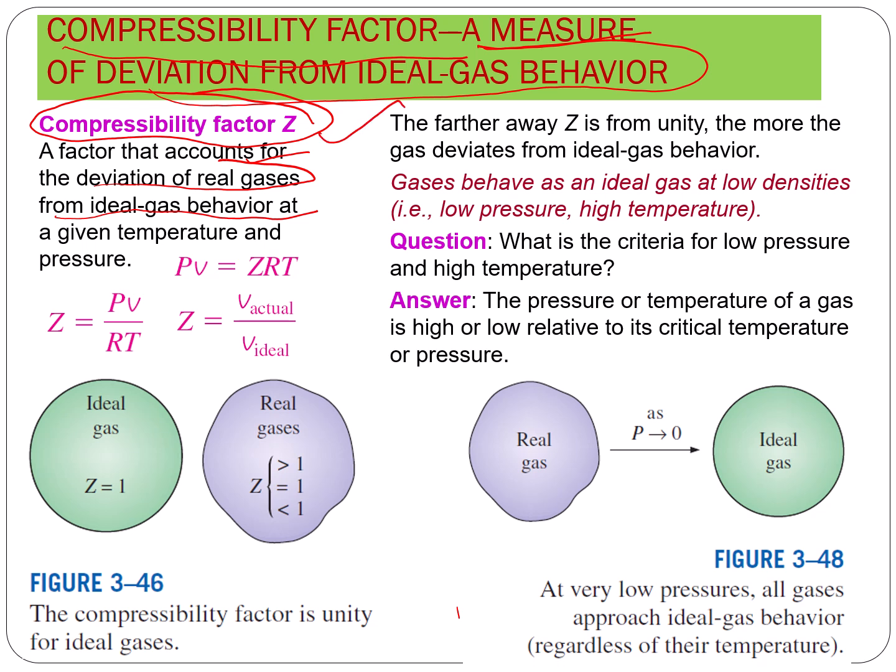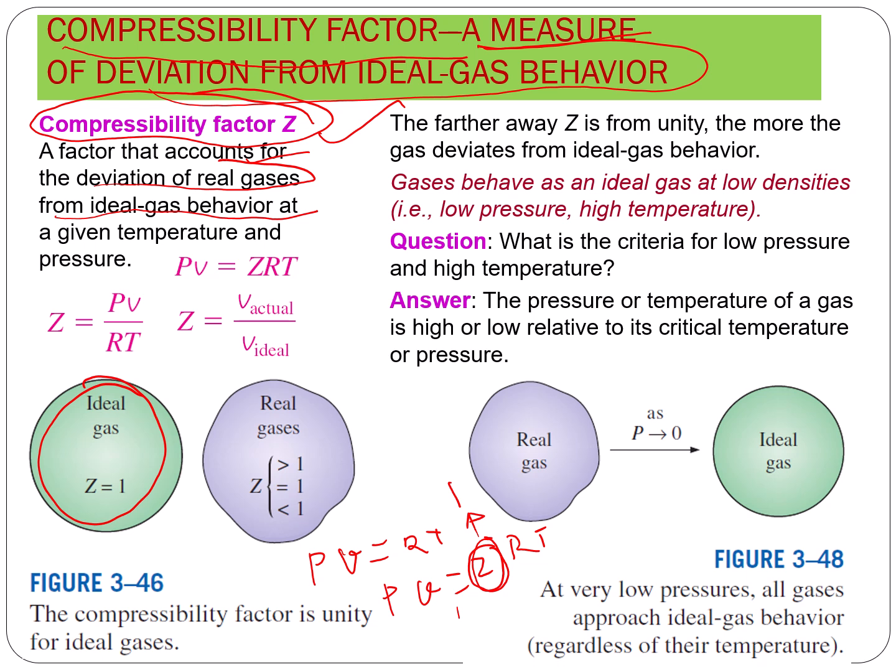The way we define compressibility factor is, instead of PV = RT, which is ideal gas, we have PV = ZRT. So this is an additional term. If this value is equal to 1, then it becomes an ideal gas.